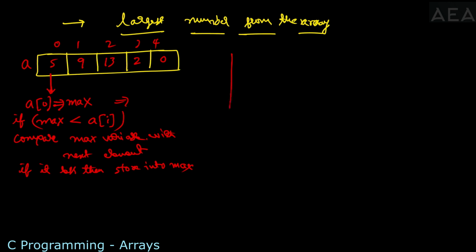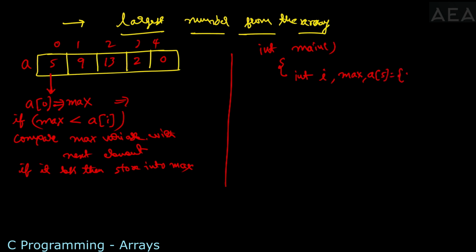For that purpose, I am writing one simple logic here. A declaration is compulsory. Every time you have to write this: int main, and here the declaration part. I want a loop representation, so loop variable I, and we want the maximum number, so store that maximum into max, and define the array.